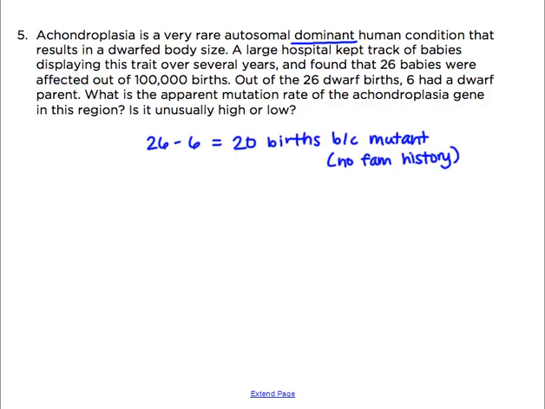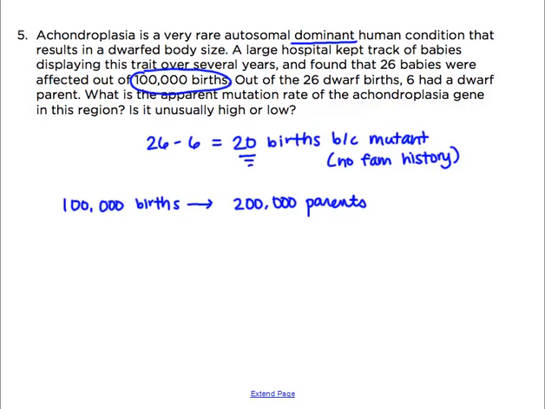So the total number of births that happened at this hospital over the years was 100,000 births. Now with these 100,000 births, that means that there were 200,000 parents, right? So that means that there were 200,000 germlines that could have gone through this mutation to give the dwarf babies. However, only 20 of them actually went through mutation.